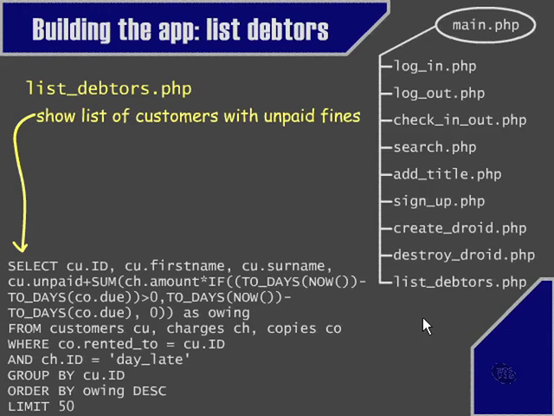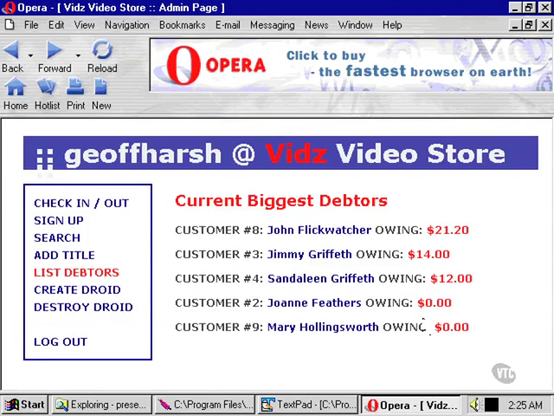This is not something that we wish to do. So we have to use the if function to discriminate between late videos and early videos. So with this query we are able to access the information within the list debtors script.